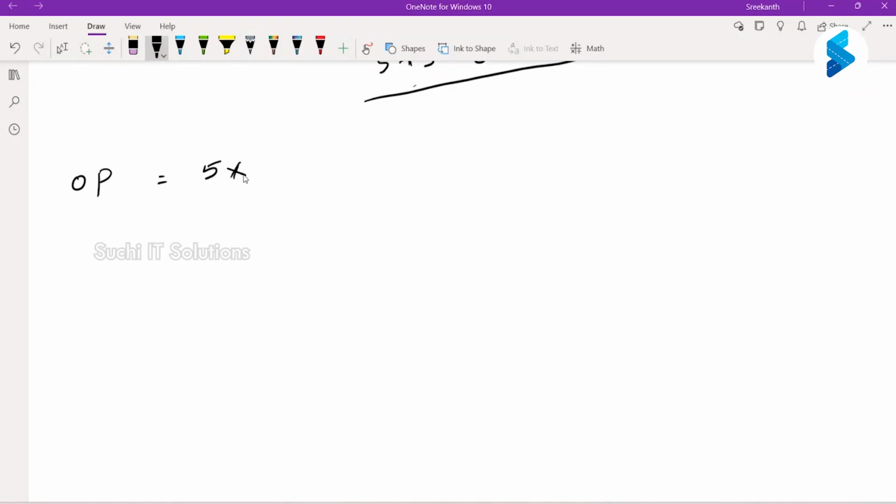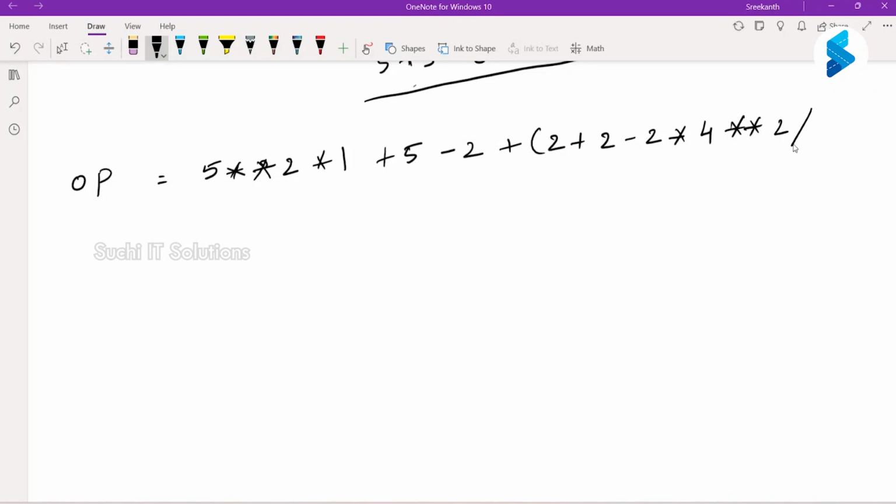Okay. Now tell me the output for this. 5 star star 2 star 1 plus 5 minus 2 plus 2 plus 2 minus 2 into 4 into 2 by 2 plus 4 star star 2.